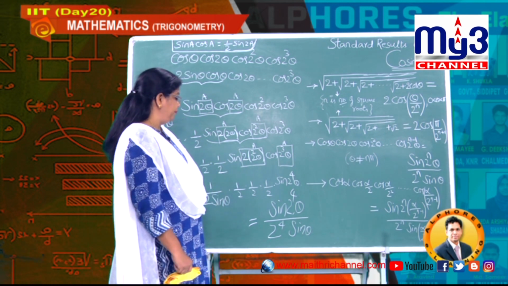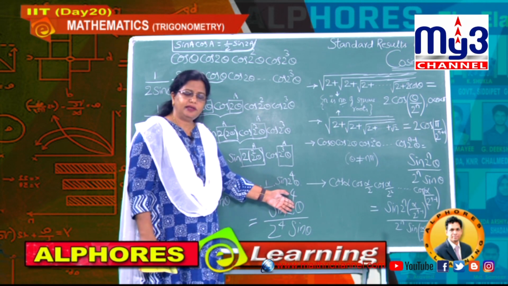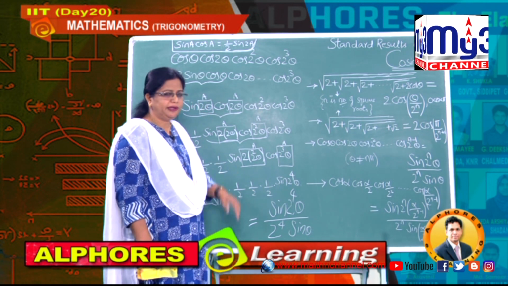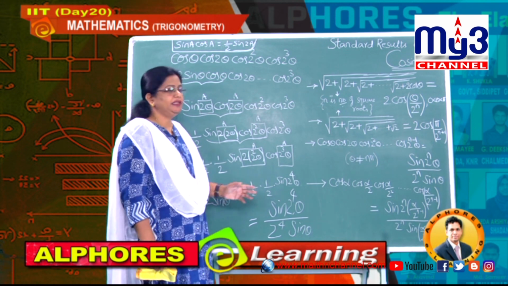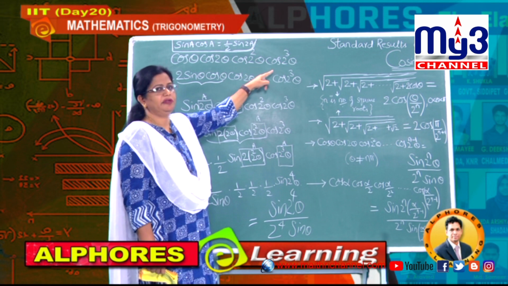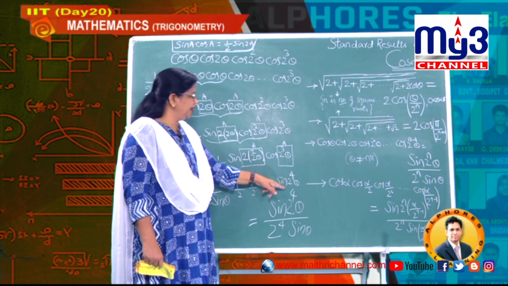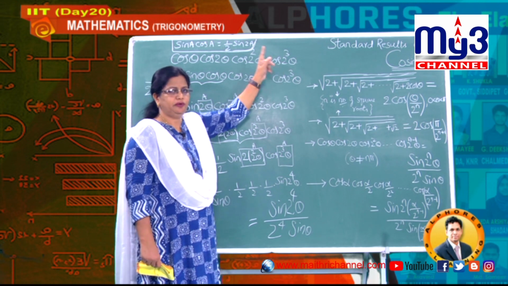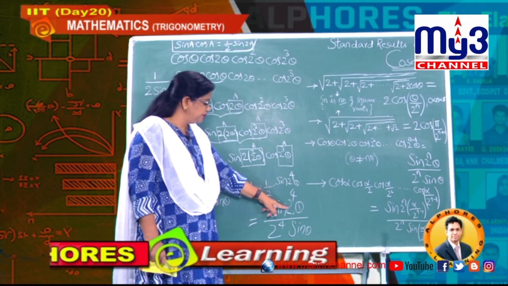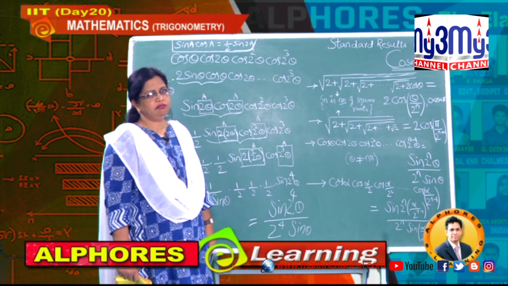Now this is sin of 2 power 4 theta, so you cannot take any value to the front. That is why students, this is the answer you got by taking 4 terms, ending with 2 cube. So you got sin 2 power 4 theta divided by 2 power 4 into sin theta.